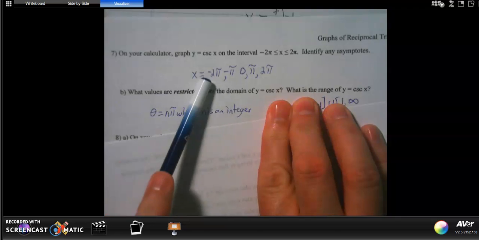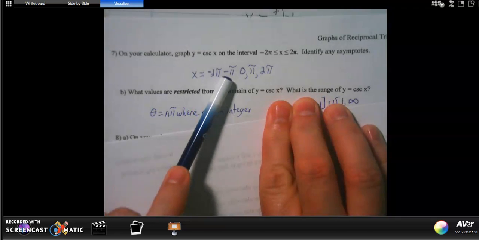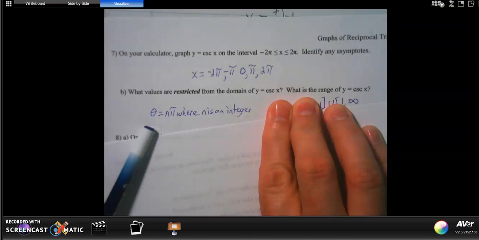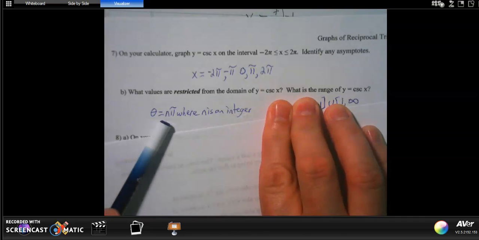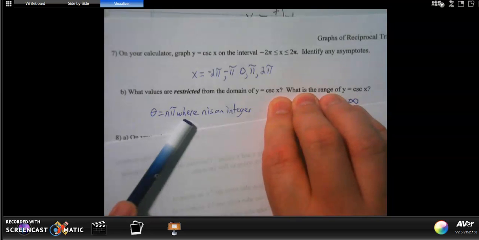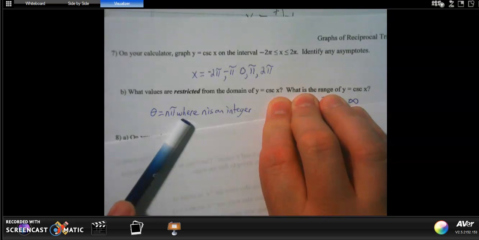So you have negative 2 pi, negative 1 pi, 0 pi, 1 pi, 2 pi, while theta, or x, could equal n times pi, where n is any integer. So 3 pi, 4 pi, 5 pi, 6 pi, those would all be restricted from the domain, or vertical asymptotes.